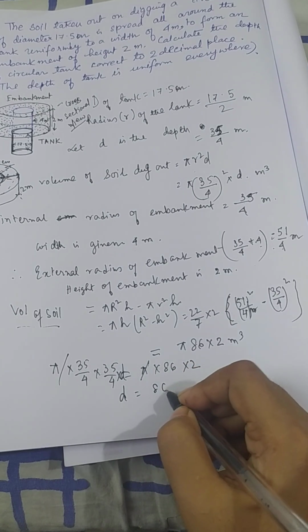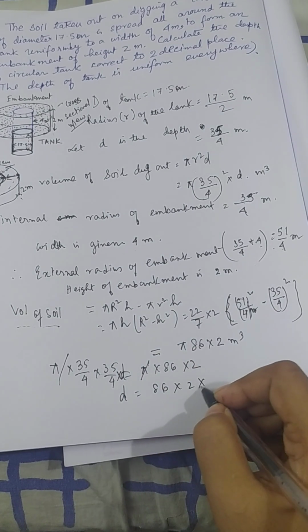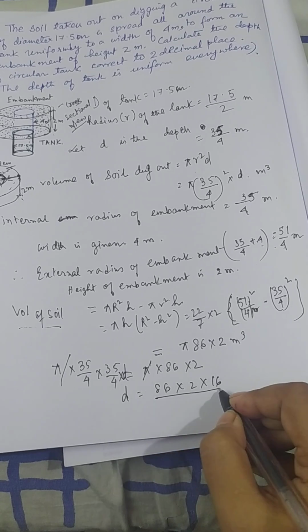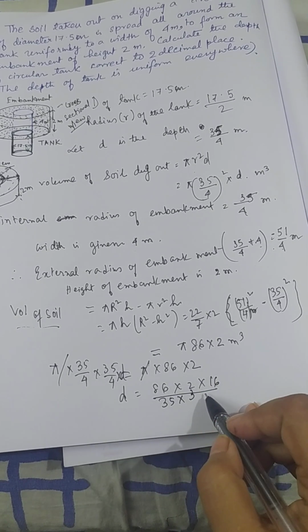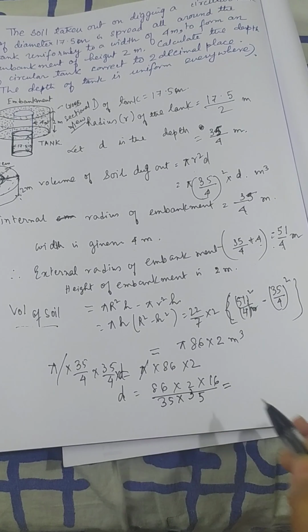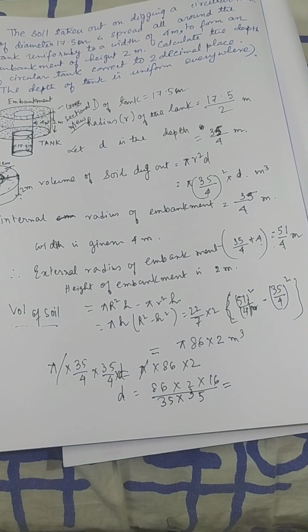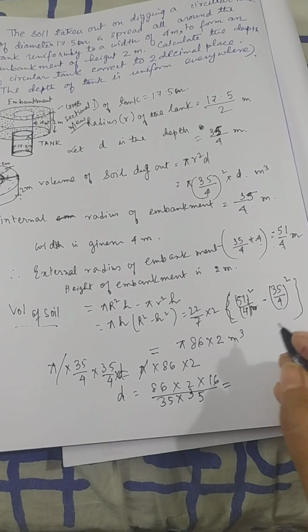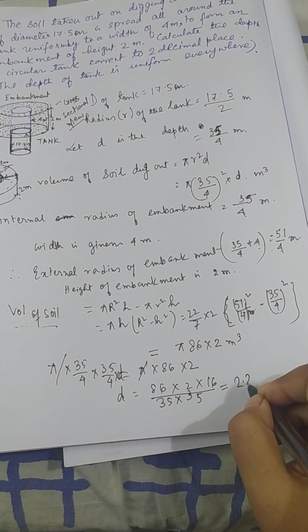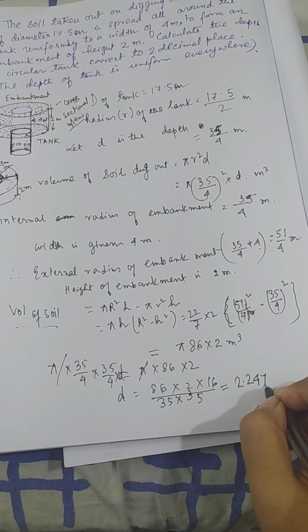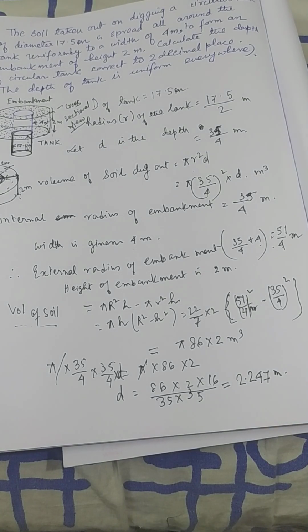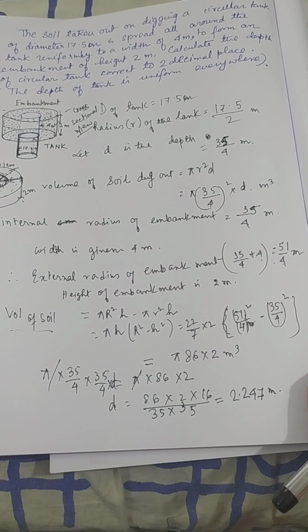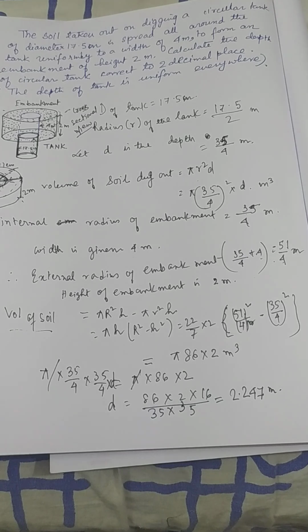So it will be 86 into 2 into 16 by 35 into 35. So if we calculate it, it will be something like 2.247 meter. Now in the question it is given that we have to correct it up to 2 decimal places.